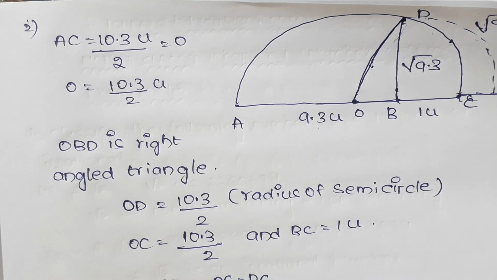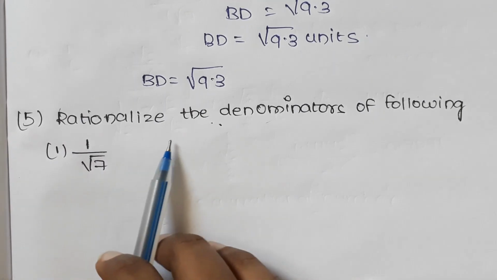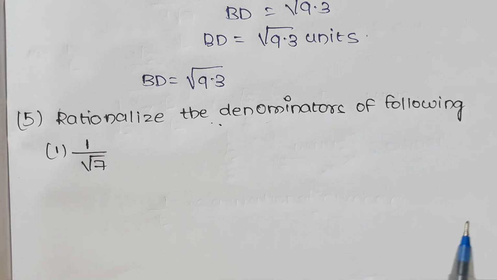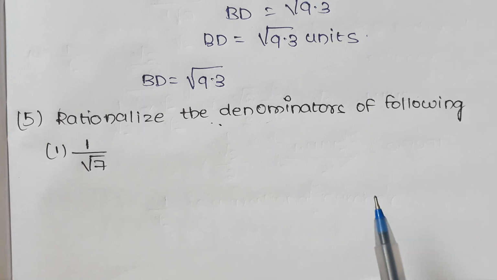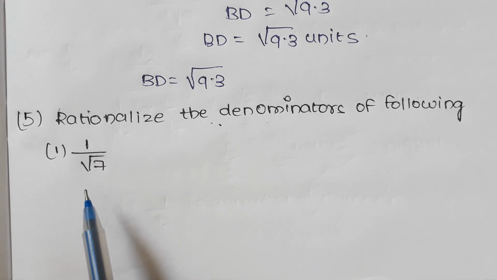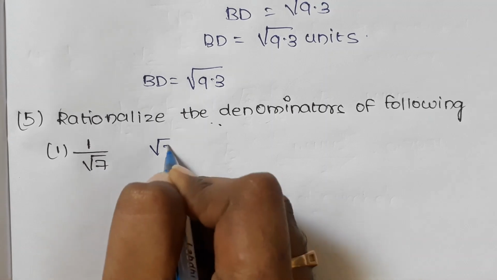And now let us see the fifth question. The fifth question is to rationalize the denominators of the following. As we already saw this type of question in the previous video in examples, now let us see how to rationalize the denominators of the given numbers. First one is 1 by root 7. This should be rationalized by multiplying and dividing with root 7.